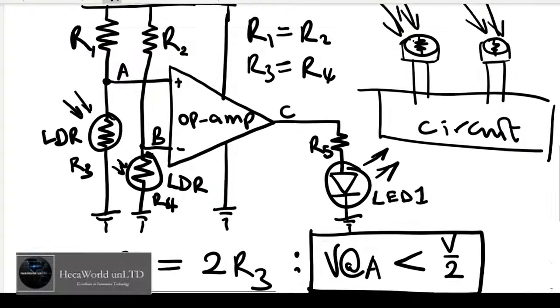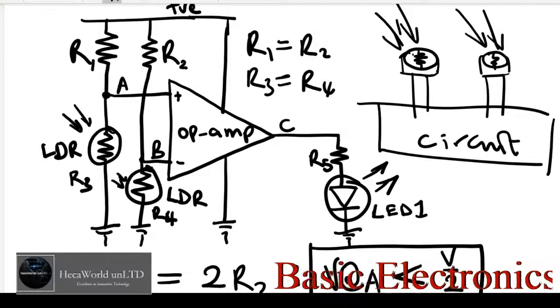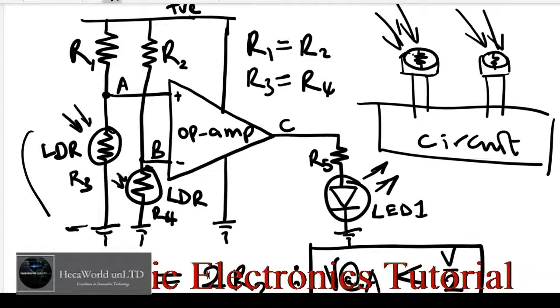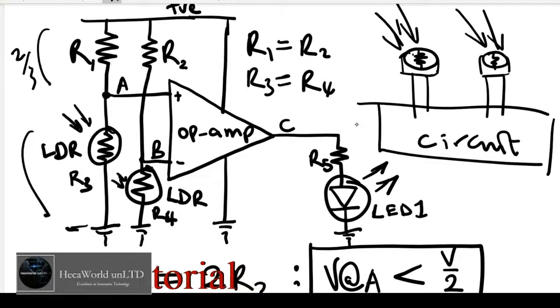We know that because the voltage dropped across R1 will be higher than the voltage dropped across R3, and since you measure with reference to ground, the voltage at A will be less than the voltage drop here. So the voltage drop across R1 will be 2/3, and this will be 1/3.